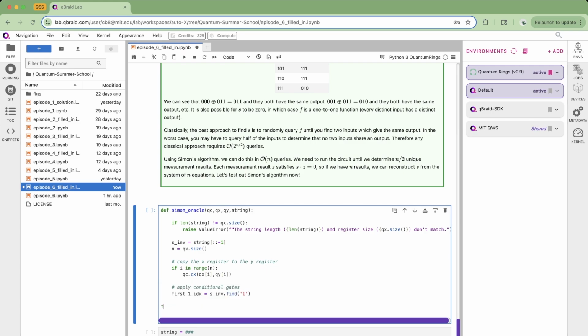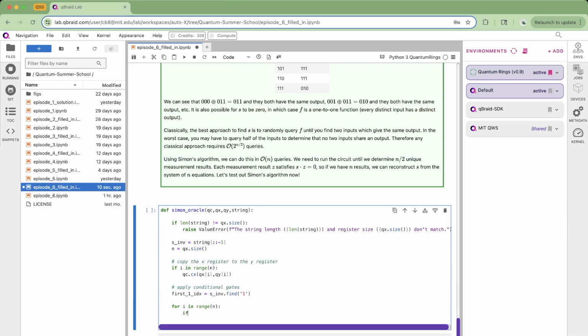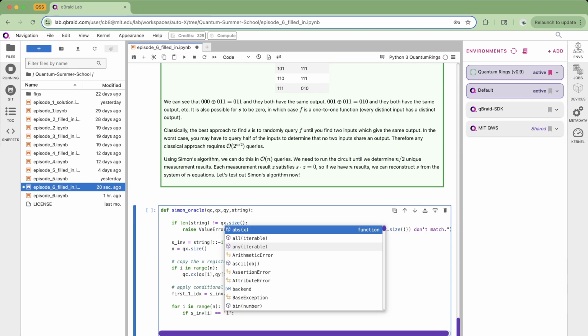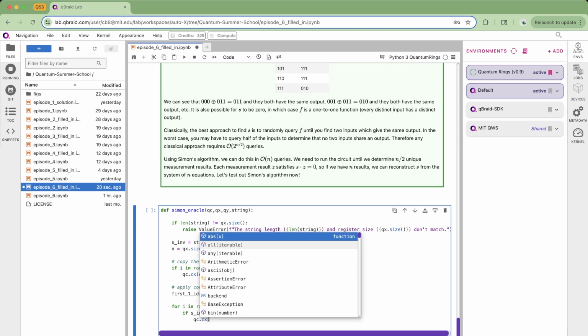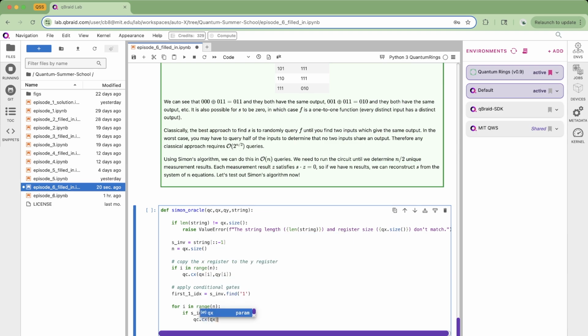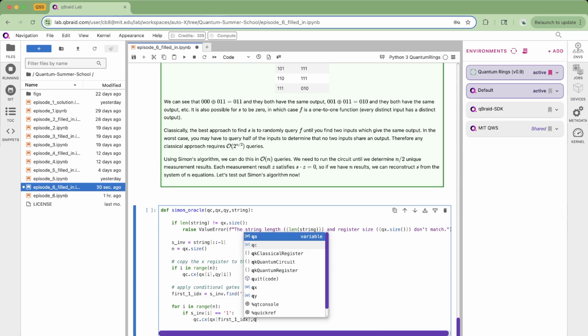So again, we're going to loop through the Y register. And then if s is non-zero at that index, then we want to apply a controlled X gate. And this is going to be the first 1 index applied to QY.